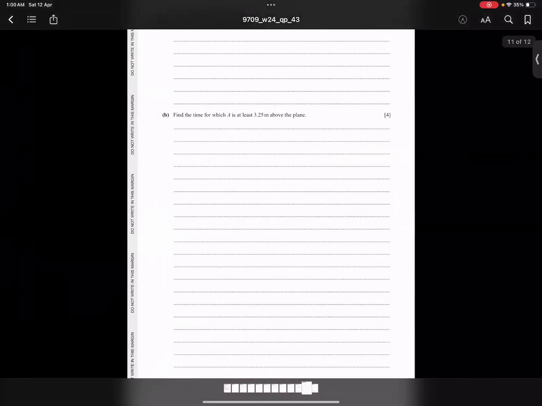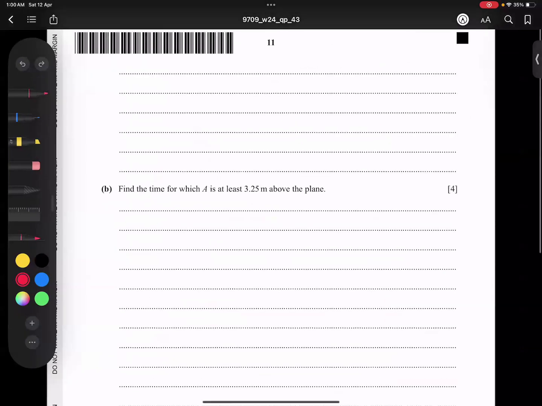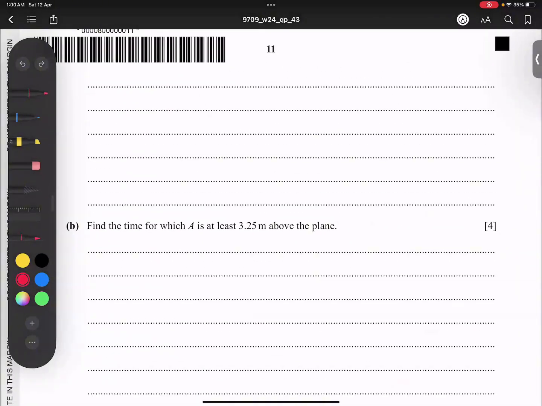So let's talk about this diagram. Diagram making is very important. Okay, students, so let's try to do it quickly.